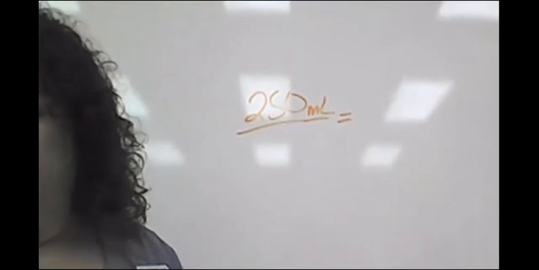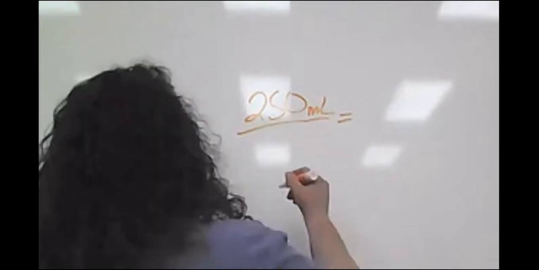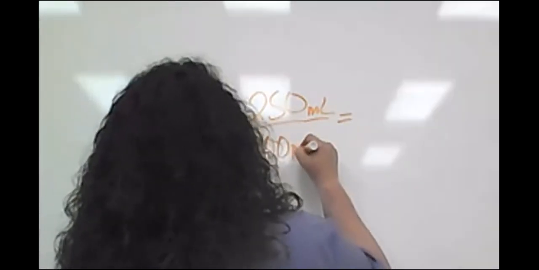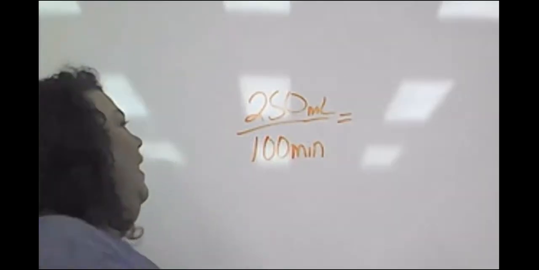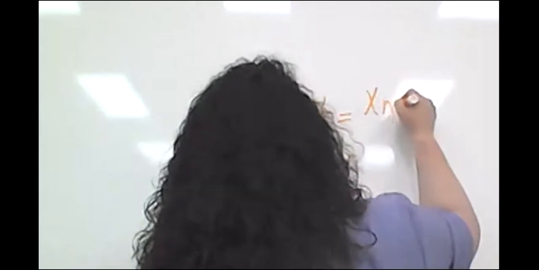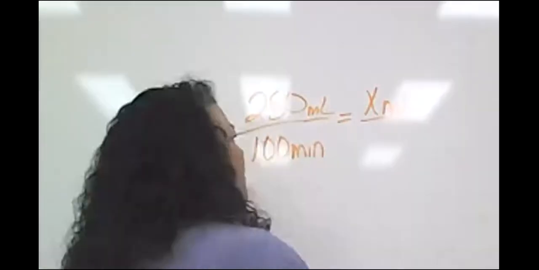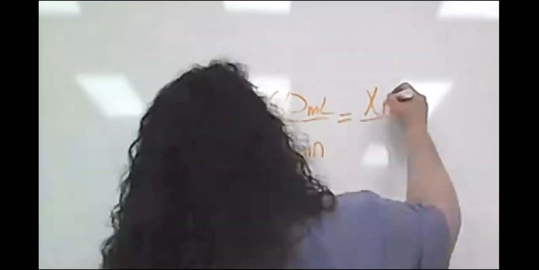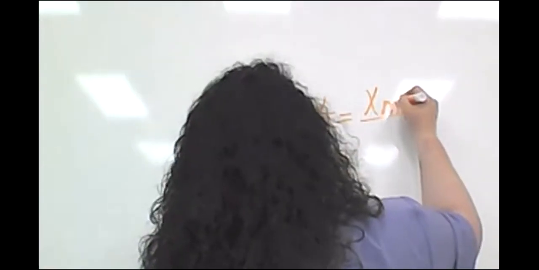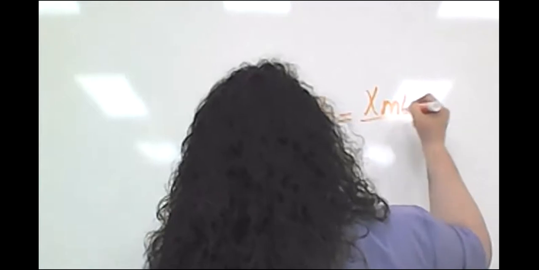So we have 250 mLs, and in this particular example, that is being administered over 100 minutes. And we're trying to find out how much medication. So I'm going to denote that with X, and I just put the mL there.